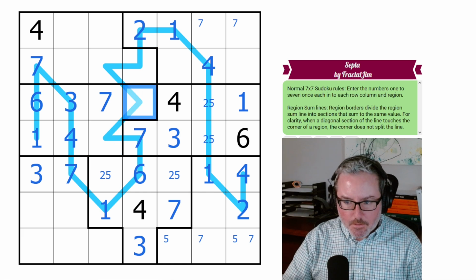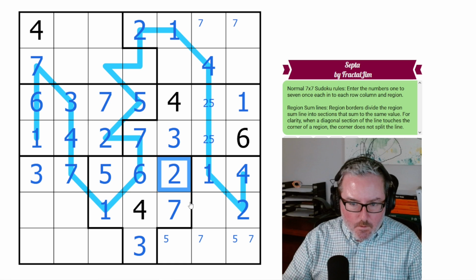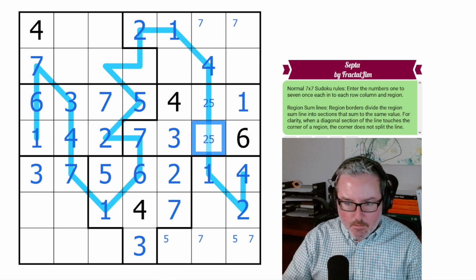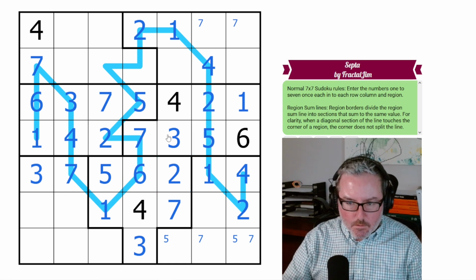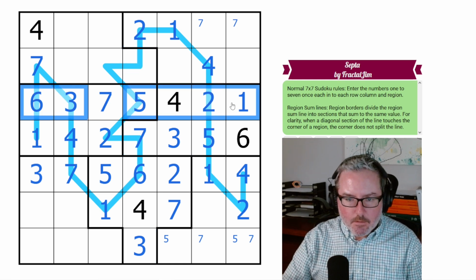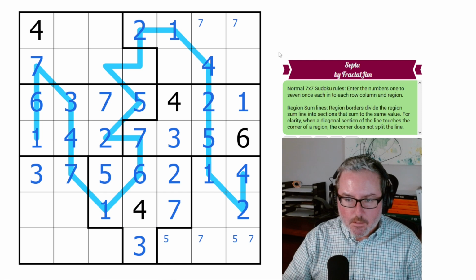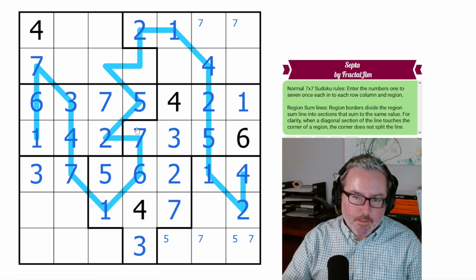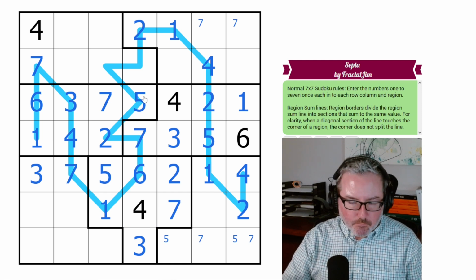So therefore the 2 is here, this is 5, this is 2, and 5, and 2. And we are on our way now. So it's just a couple little things, having to really take a look at our rows and columns to see what the options are and how they can reduce the possibilities.